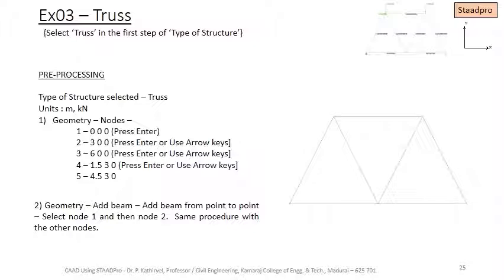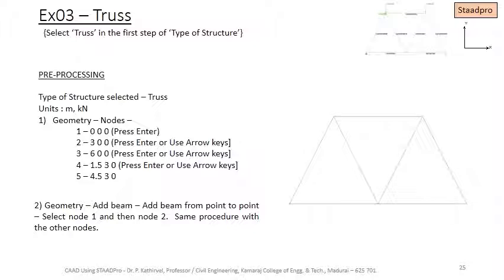The first step is to give the nodes. So here you can see the problem, it is a two span or a two bay truss which is of 3 meters span each, and the height is also 3 meters, and you have the top two nodes subjected to two vertical loads in the downward direction, and one horizontal load in the top left node.